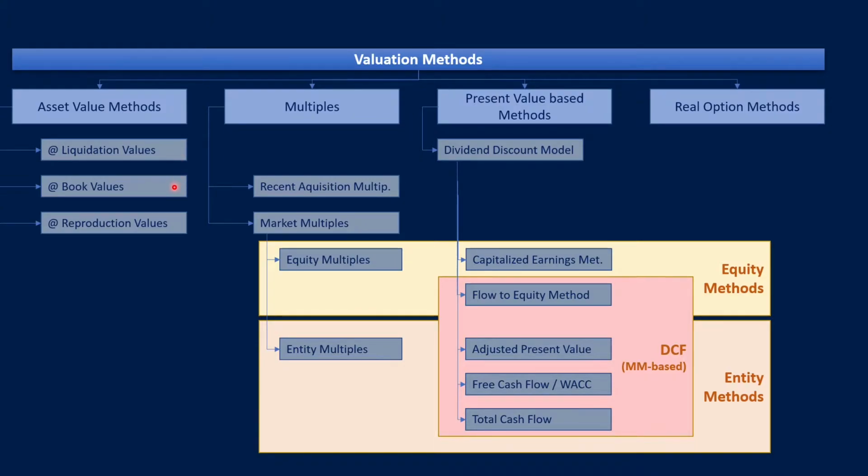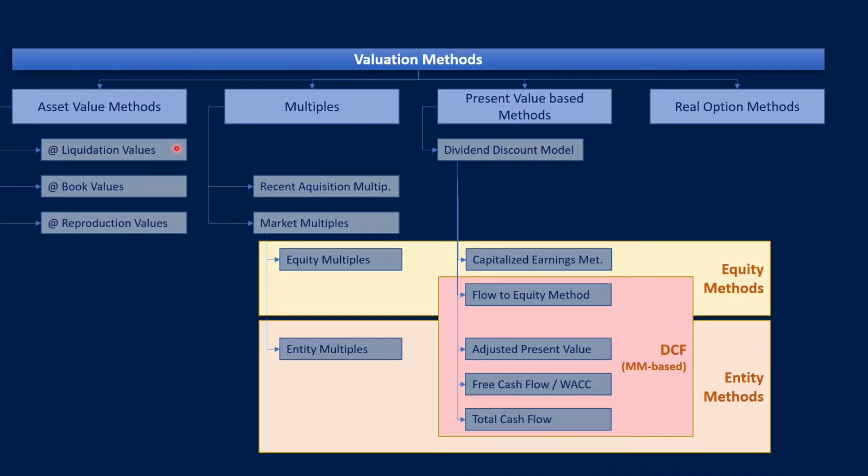We know asset value methods at book values because that's exactly what we do in accounting. But of course, the value that we attribute to each individual asset can be valued differently, not only at book values, but also at liquidation values, assuming that we liquidate the company immediately and sell all the assets.